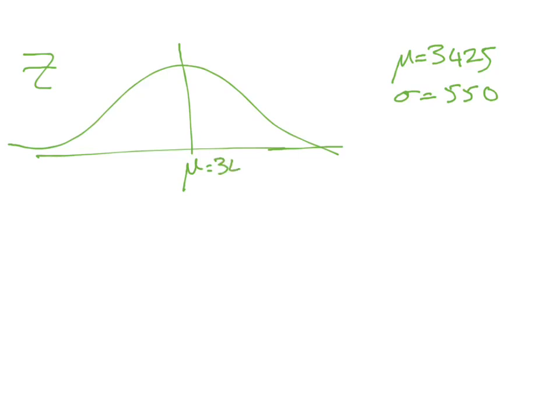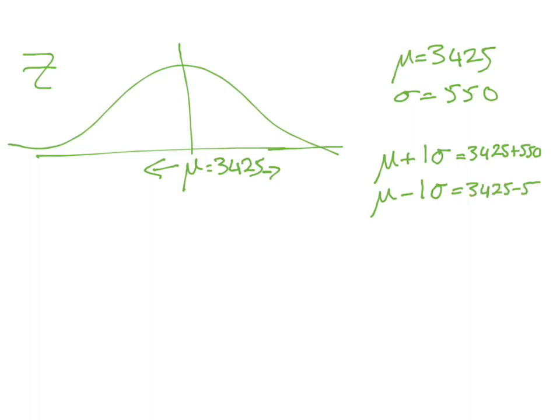So I take that mean, 3,425. I'm going to go, if I add and subtract one standard deviation, so if I do the mean plus one standard deviation and the mean minus one standard deviation. So I go one standard deviation away. That's going to be 3,425 plus 550 and 3,425 minus 550.